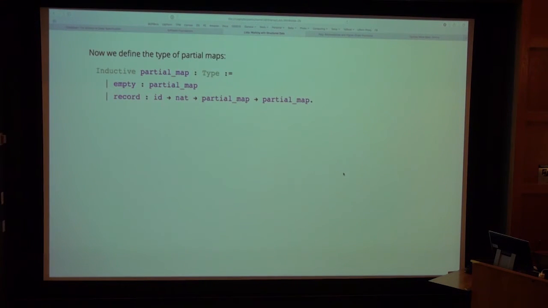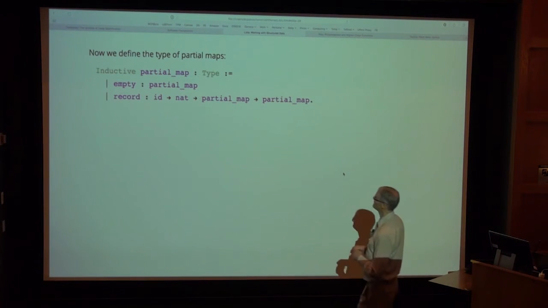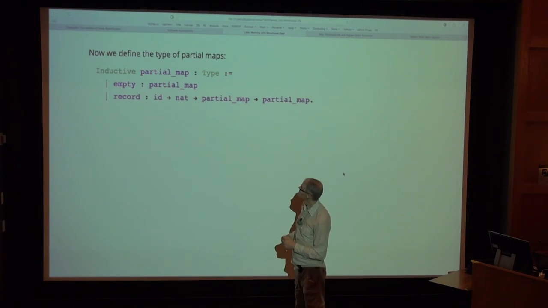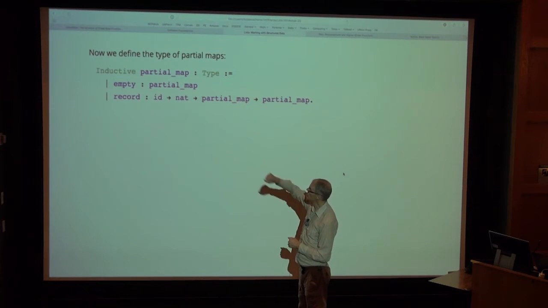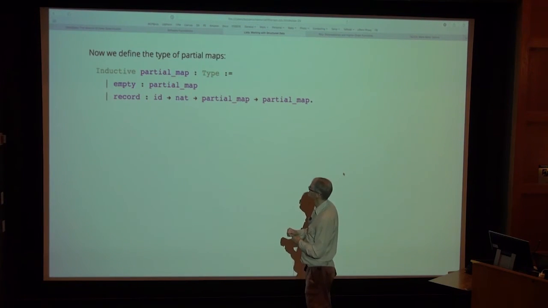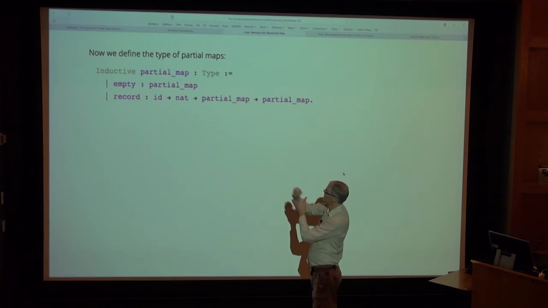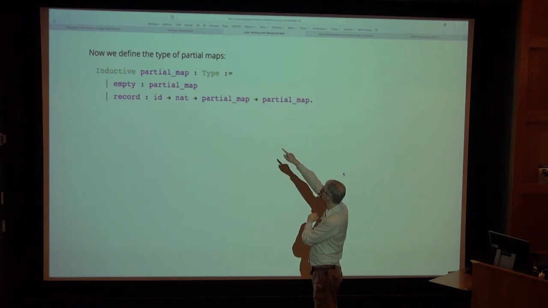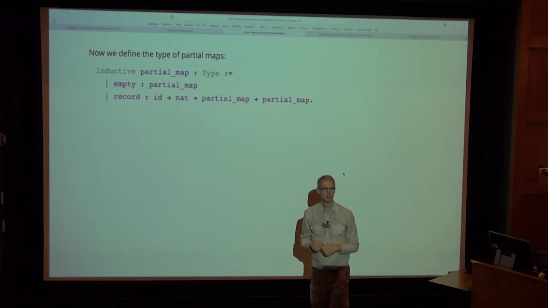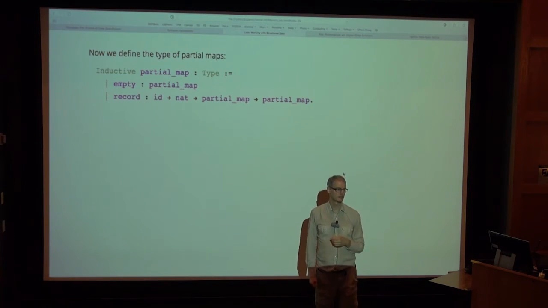Now we can define a type of partial maps. A partial map is basically a list. In Lisp or Scheme, we would call it an association list. So a partial map can be empty, or it can be a record containing an identifier that is a key, a number that key maps to, and a partial map, which is the rest of the bindings.